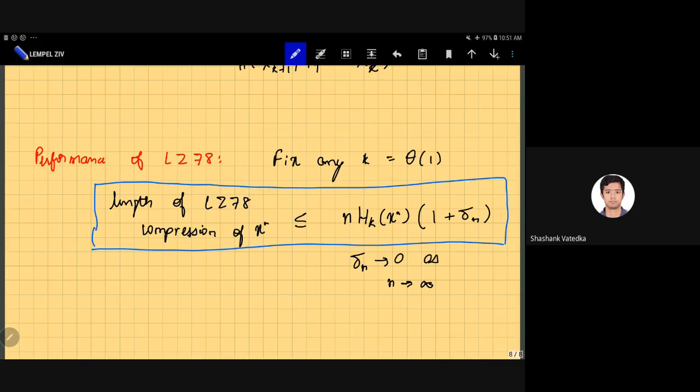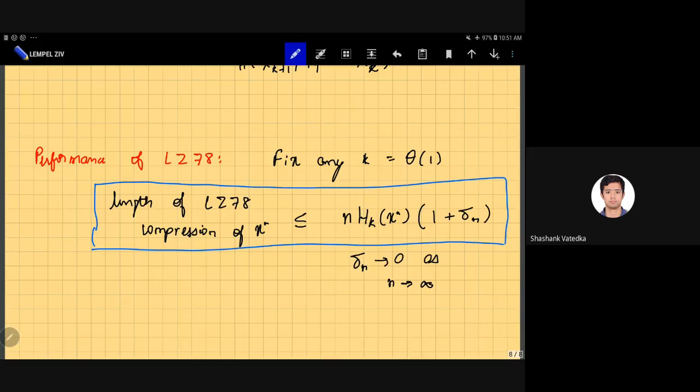Originally, what Lempel and Ziv proved in 1978 was that for any fixed sequence, the length of the LZ78 compressor is asymptotically close to the best possible compression length achieved by any compressor, though not exactly in this form.